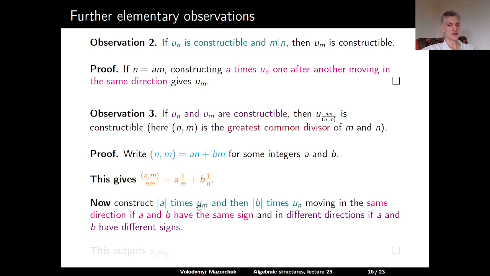So now we can construct the absolute value of a times u_m, and u_n, the absolute value of b times, and if a and b have the same sign, we just move in the same direction, and if they have different signs, we move in different directions, and in this way we construct exactly u with the index nm divided by gcd(n, m). So this is our third elementary observation.